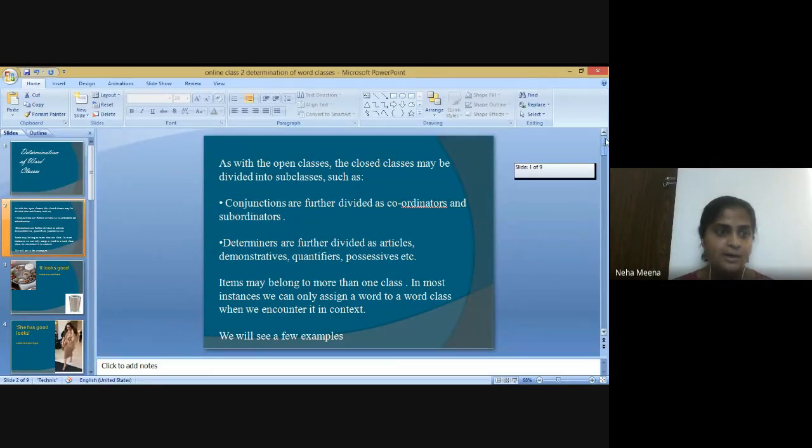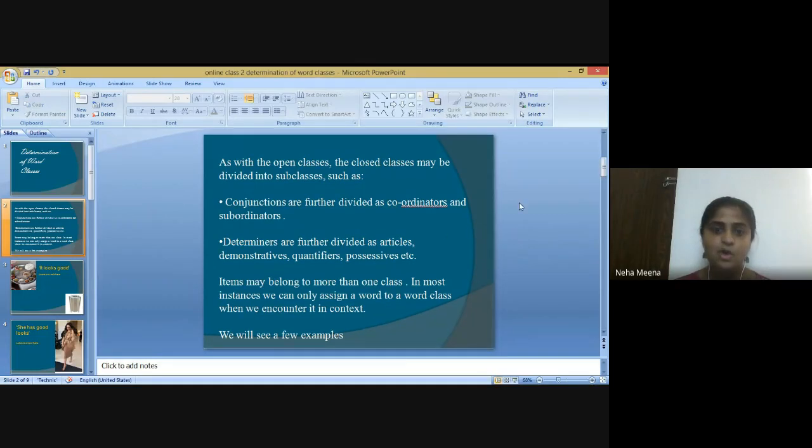So these are the particular examples that I was talking about. For example, conjunctions are further divided as coordinators and subordinators, the class divisions that we talked about. Determiners are further divided as articles, demonstratives, quantifiers, possessives. Items may belong to more than one class.